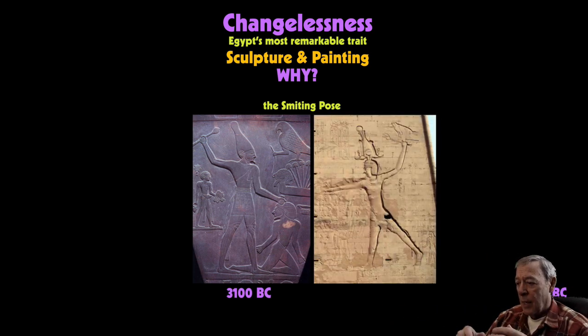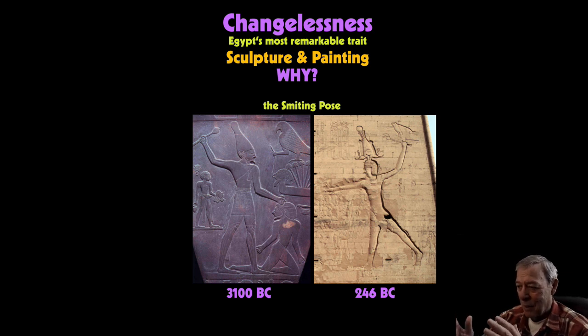Here is a temple facade relief from 246 BC, also the smiting pose. Now notice here you've got nearly 3,000 years span of time, but the pose is virtually the same thing.